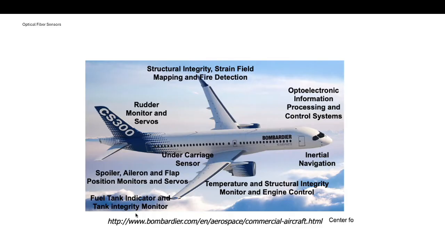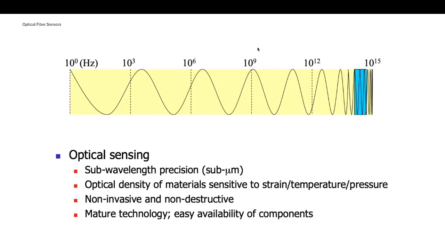Then we also discussed the different sensors which are implemented, and may be implemented, in navigation, like airplanes and other controlling systems. We already discussed that optical sensing is very accurate, with sub-wavelength, sub-micron precision. The optical density of materials is very sensitive to strain, temperature, and pressure.